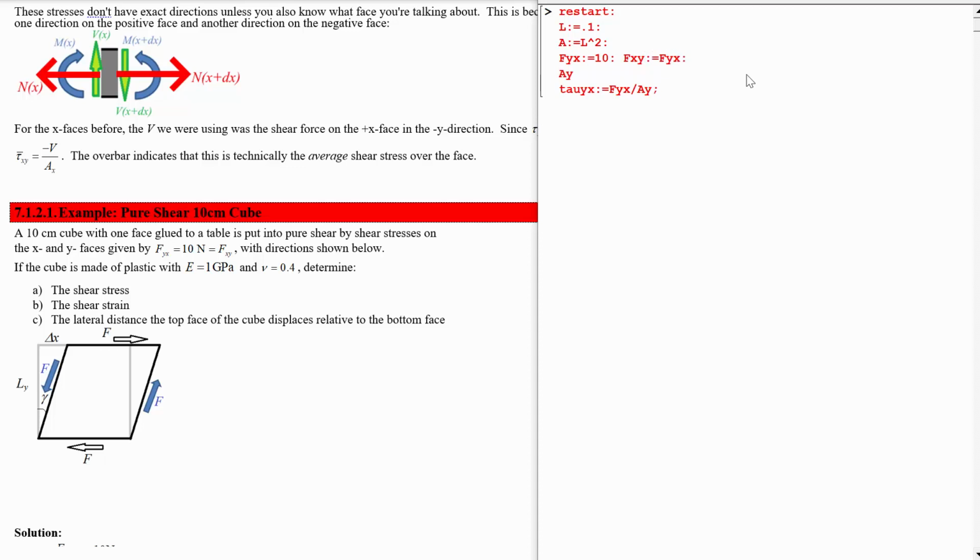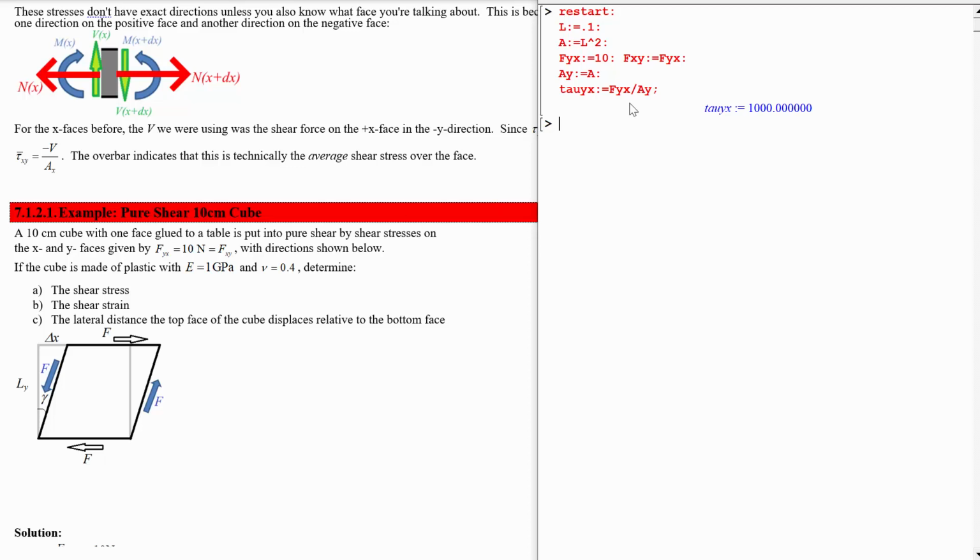And the area of the y face is just L squared, because it's a cube, so the area of all the faces is the same. Okay, so the shear stress would be 1,000. 1,000 what? We had force divided by area, so 1,000 pascals, 1 kilopascal.